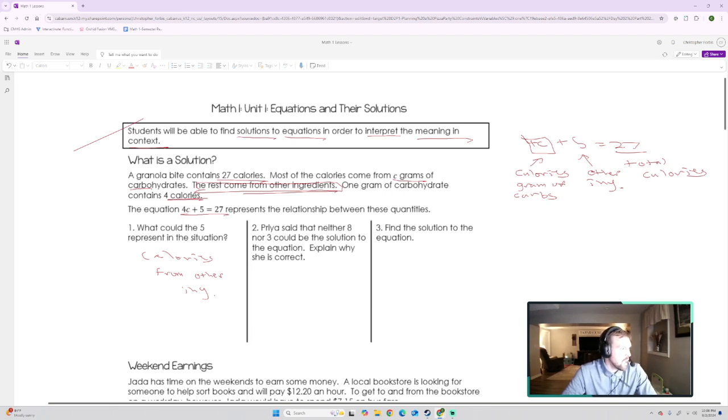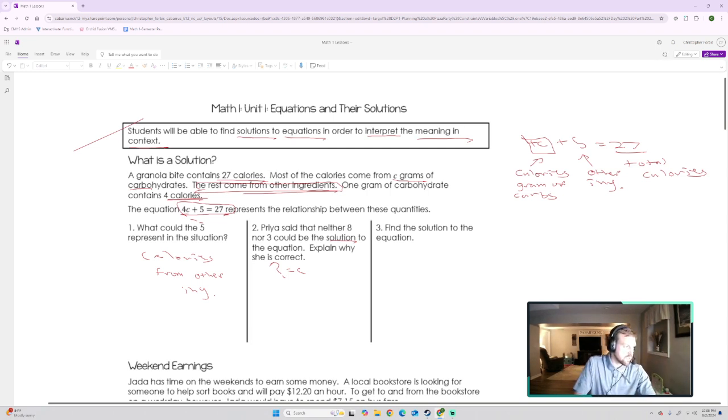Alright, number 2. Priya said that neither 8 nor 3 could be the solution to the equation. Explain why she is correct. Alright, remember, this is our equation right here. If we're talking about a solution, it means the value that I can plug in for c that's going to make this equation true. Well, Priya's saying that 8 nor 3 could work.